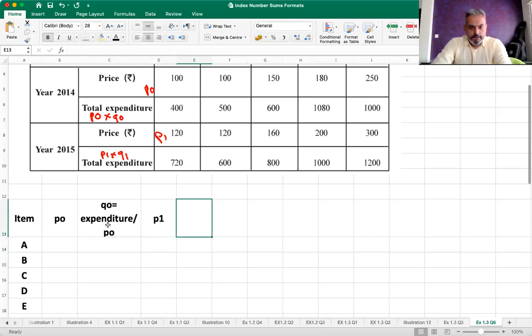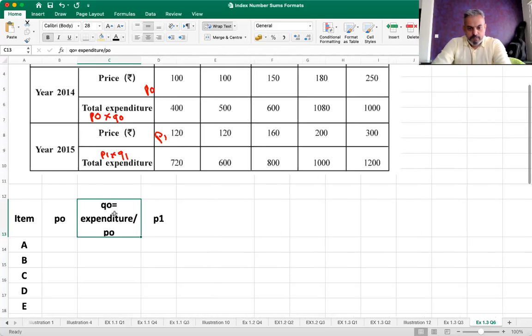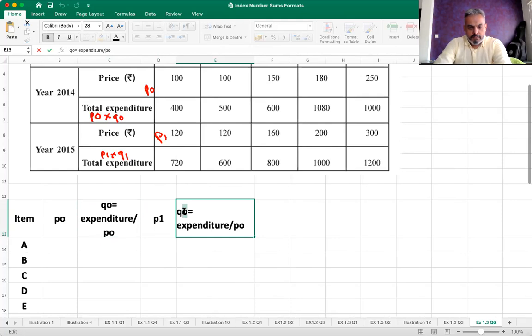And P1. So now Q1 is equal to expenditure upon P1.